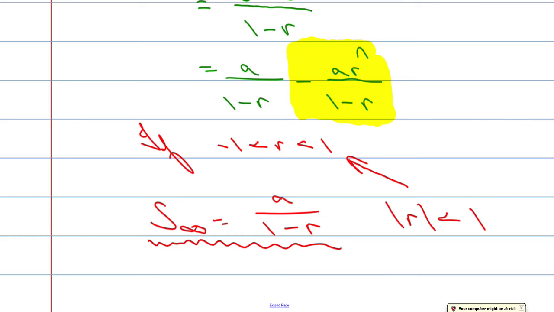Now, just before I move on, one thing that maybe I didn't make very clear is why, if r is between negative 1 and 1, the term disappears. Suppose r is 0.5 and n is getting bigger and bigger. If I do 0.5 squared, I'm going to get 0.25.